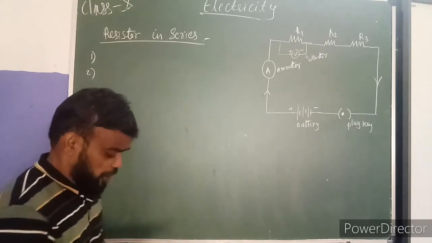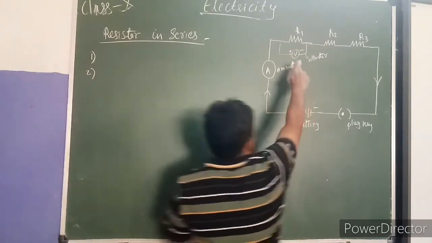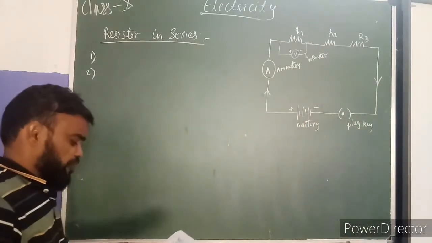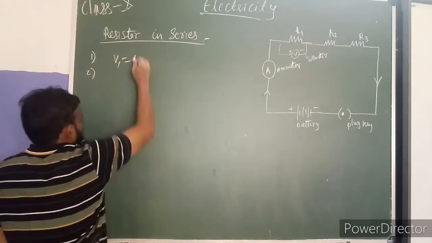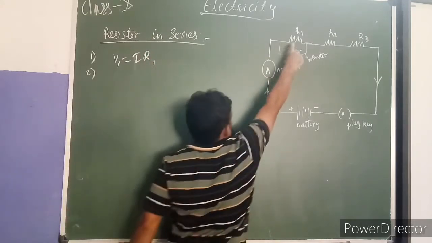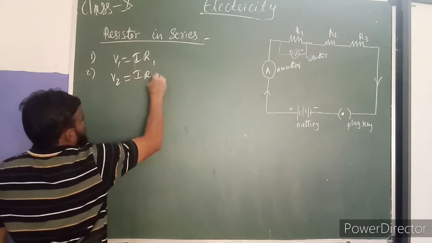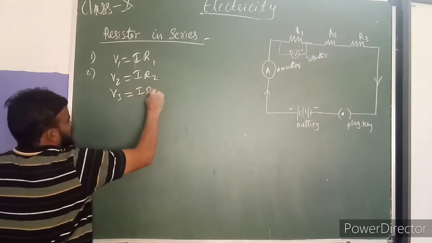And the third point: the voltages across R1, R2 and R3 are different. V1 is equal to IR1 for the first resistance, V2 is equal to IR2 for the second resistance, and V3 is equal to IR3.